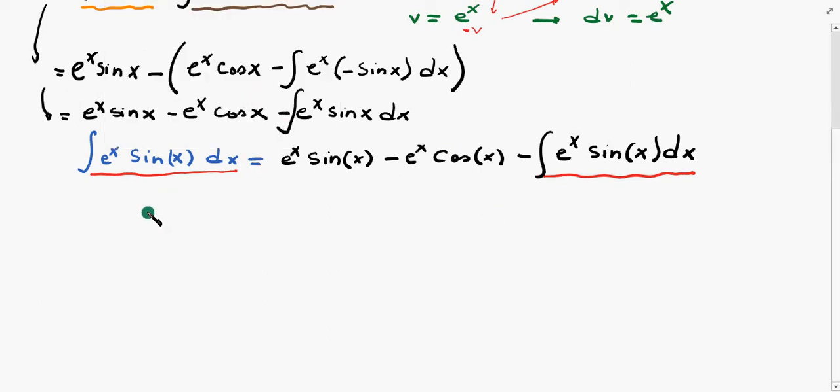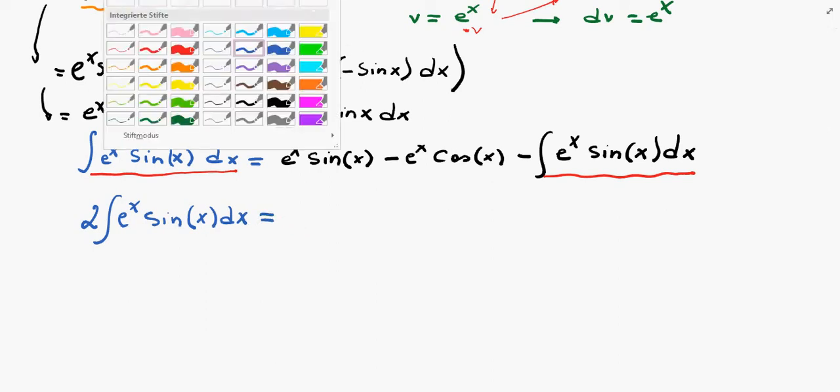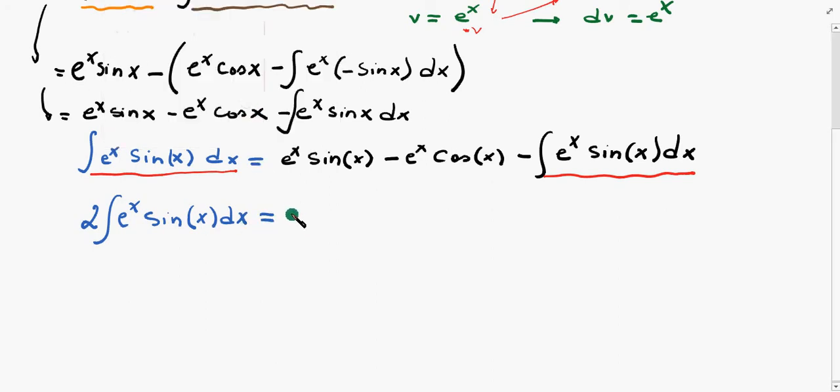If we take this one here, it's going to give us 2 times the integral of e^x sine x dx, because it takes the plus sign, equals e^x sine x minus e^x cosine of x.